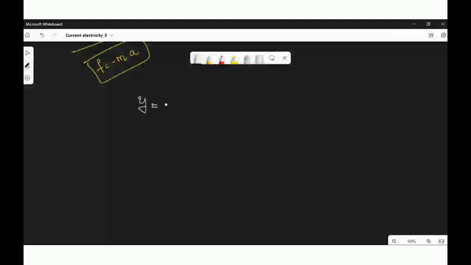What you are given is y is equals to ut plus half gt square. So now you are supposed to find out the force. How do you find out force?